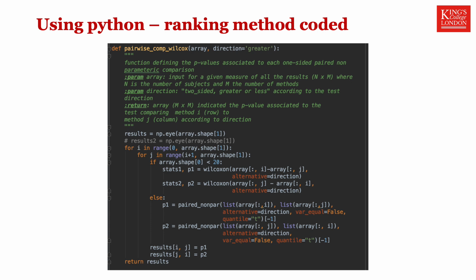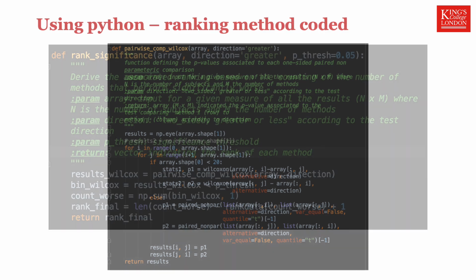And what I'm doing here is calculating for each method the number of other methods that are better or worse. And I calculate the associated p-value, and I store that result in my result array.